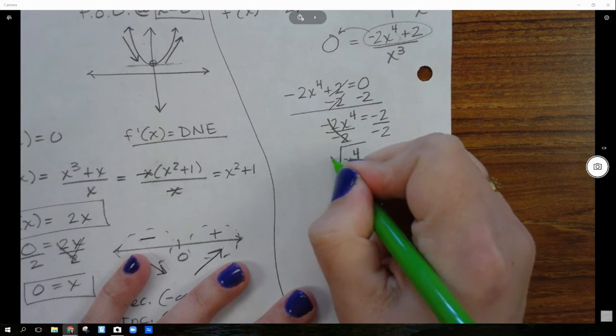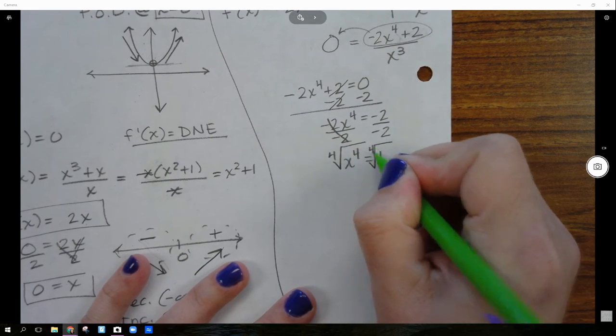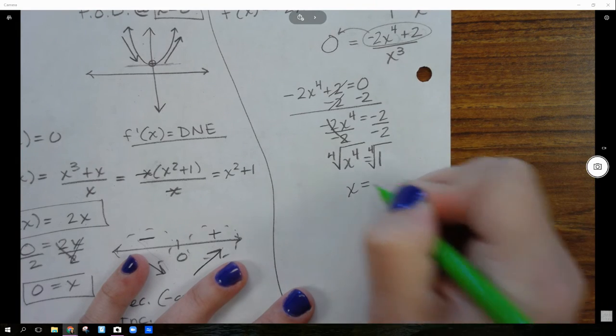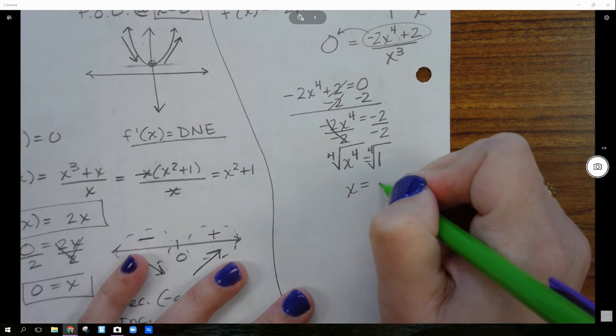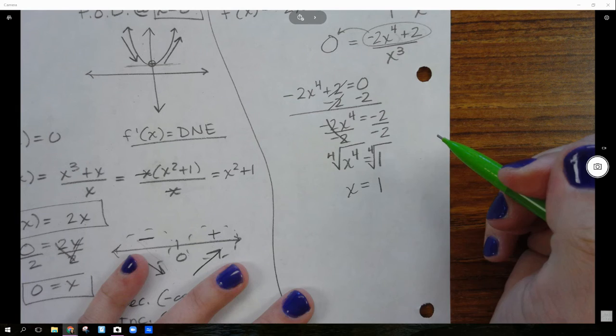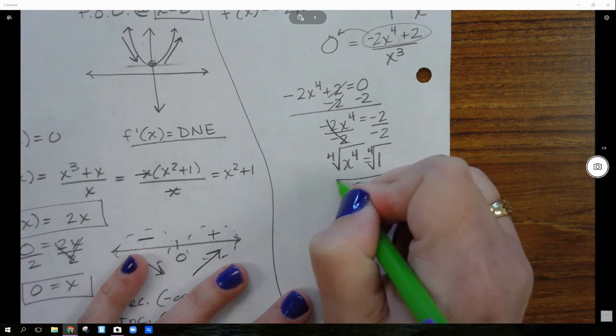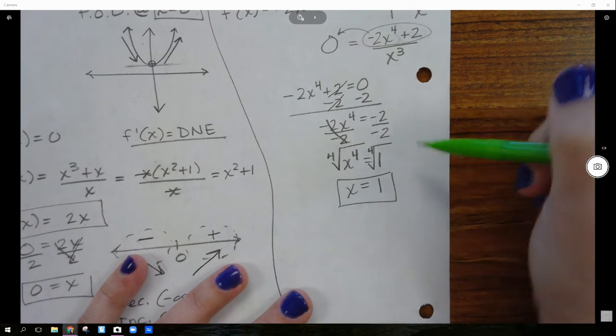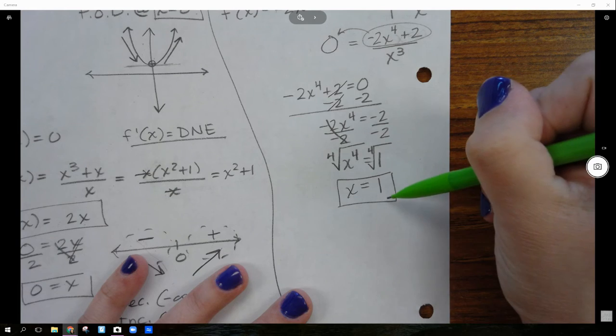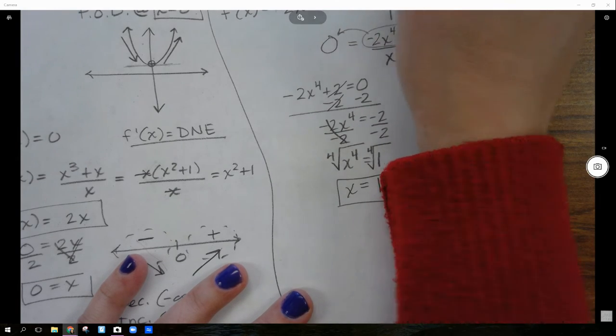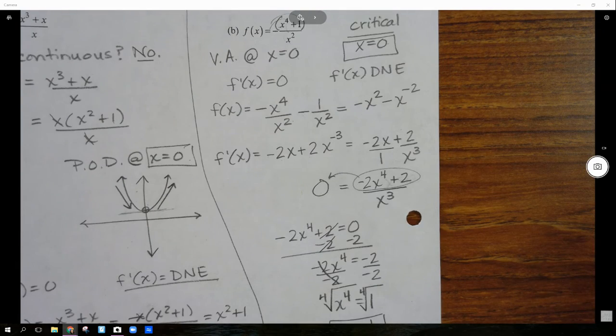Take the 4th root of both sides. The 4th root of 1 is just 1, so x equals 1. Your other critical value will be at 1, and the first critical value we had was at 0.